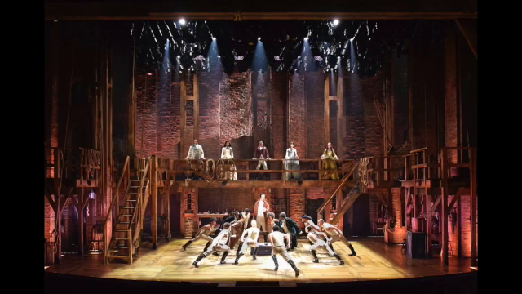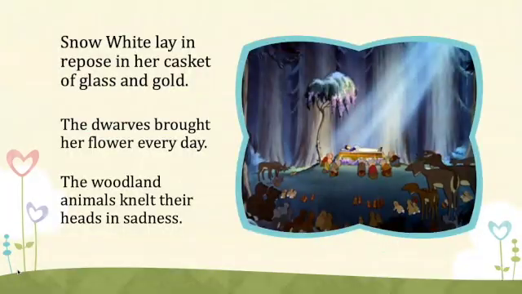Because you set the scene, you pick your characters, you cast your roles, and then you let them act out what's happening. So for instance, if you take this scene of the end of the film, Snow White has fallen for the evil queen's poisoned apple, and everyone thinks she's dead, but she's so beautiful. The dwarves, who have become her friend, can't take it in their hearts to bury her, so they make her this beautiful casket of glass and gold.